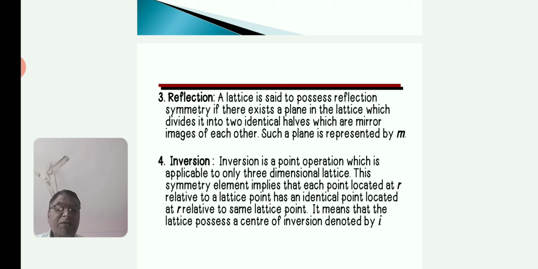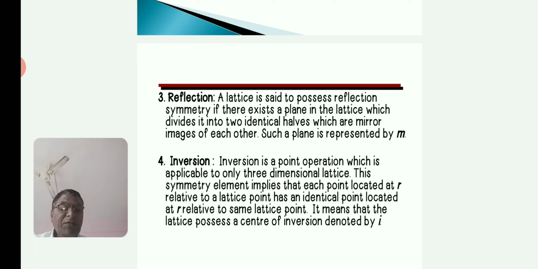This corresponds to the allowed values of theta as 0 degree or 360 degree, 60 degree, 90 degree, 120 degree and 180 degree respectively. From equation 1, theta is equal to 2 pi divided by n.